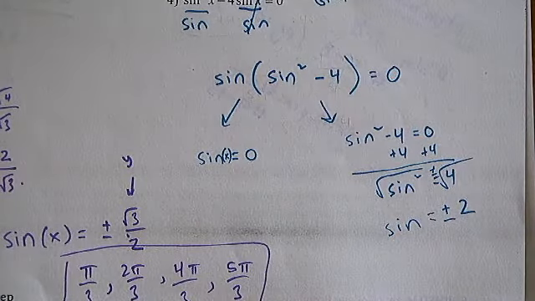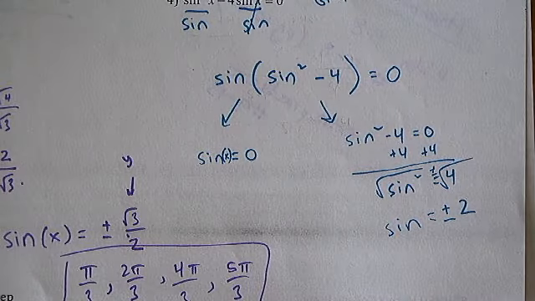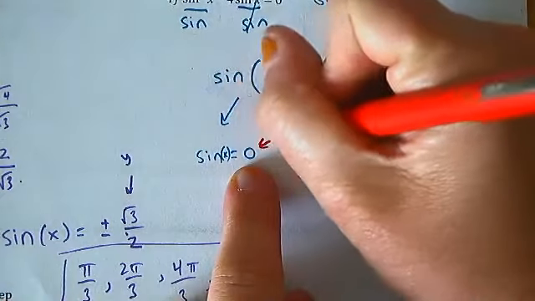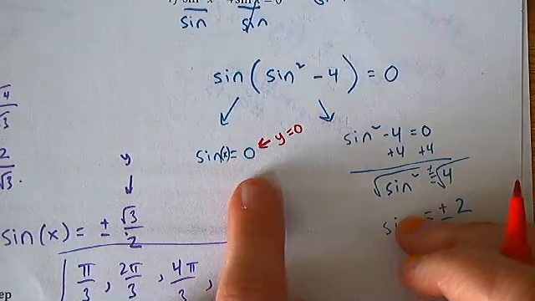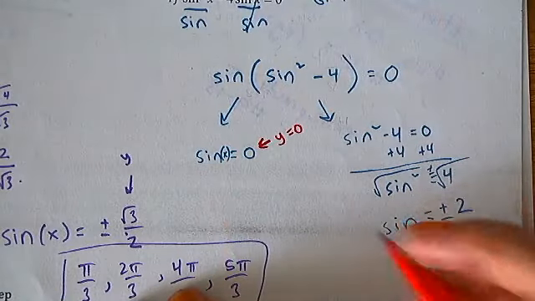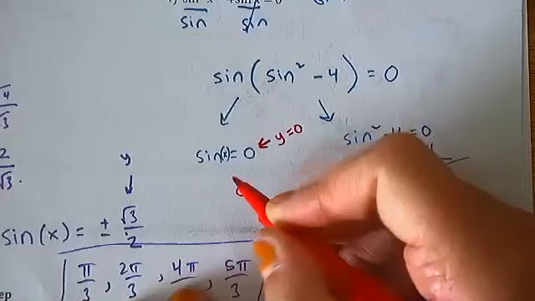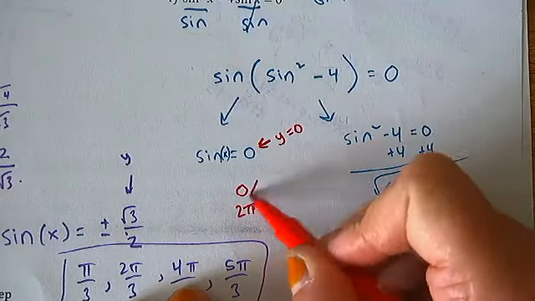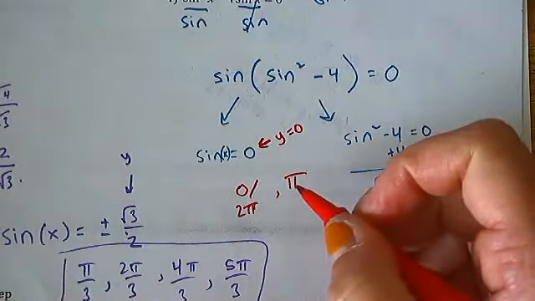Okay, so now comes in the unit circle part. So remember that sine is equal to the y value. So if I want a y value to be equal to 0 on the unit circle, where is that going to be? It's going to be at 0, or you could have said 2 pi, same thing, either one, and at pi, right?